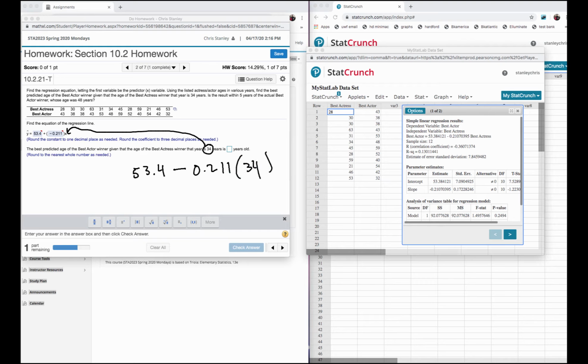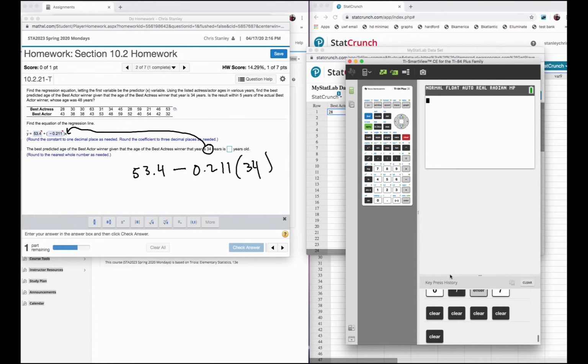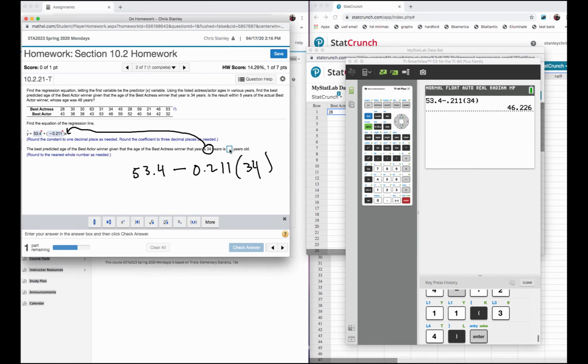So I still have my calculator here from earlier, so let's do that. 53.4 minus 0.211, open parentheses, 34, and voila, 46 to the nearest whole. So that's 46. So if a best actress was 34, the actor's 46.